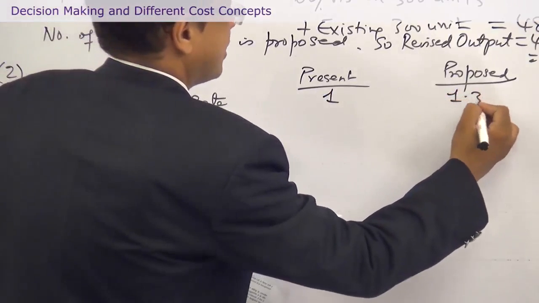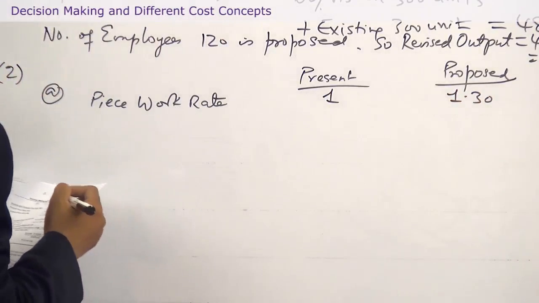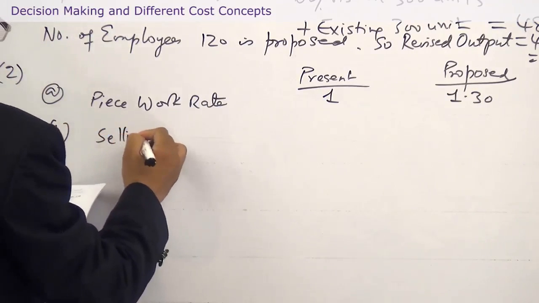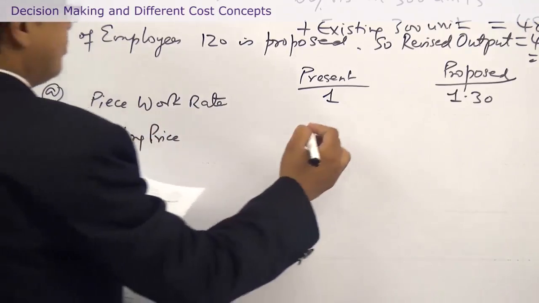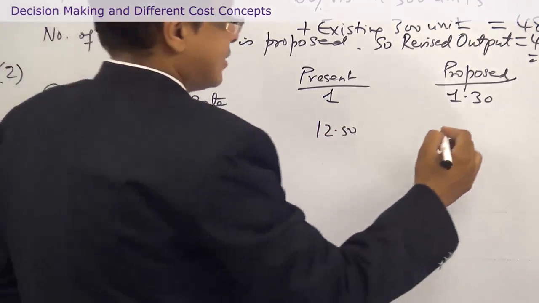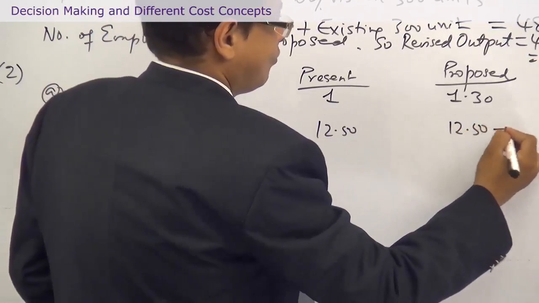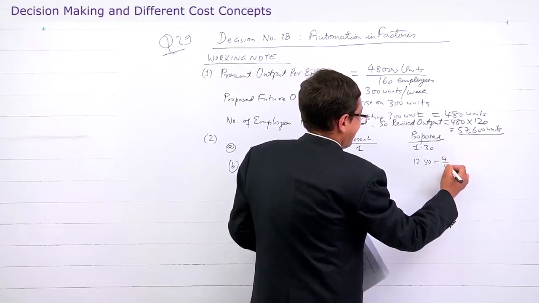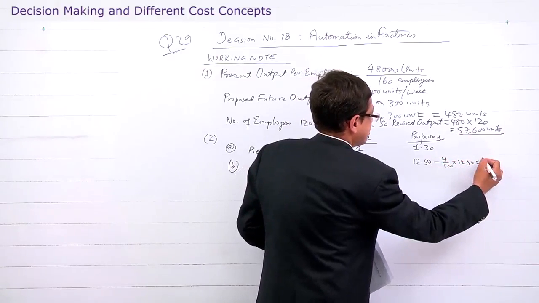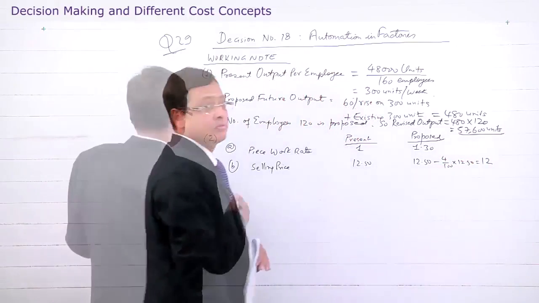Proposed it will become 1.30. The second part is about selling price. This is 12.50. Here it says 4% reduction. So 12.50 minus 4 by 100 of 12.50, which works out to rupees 12.